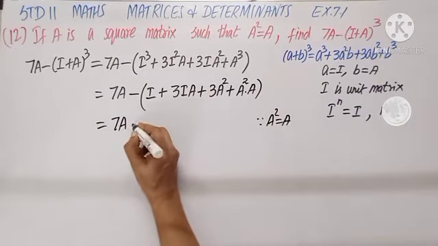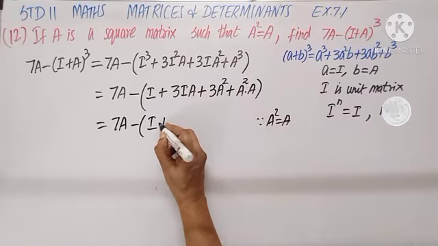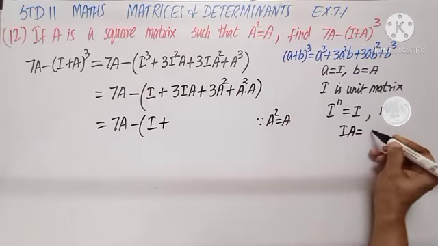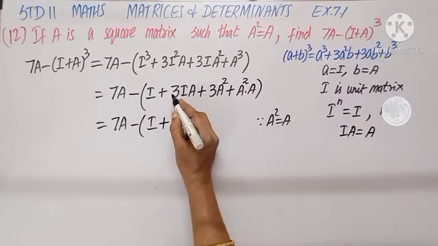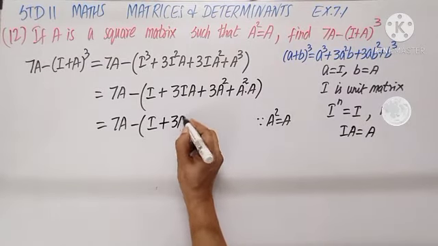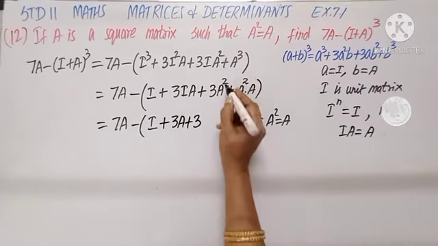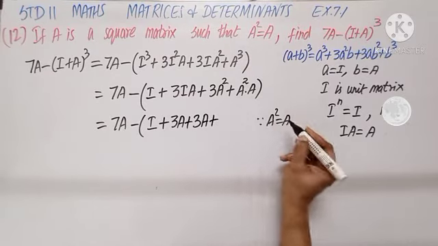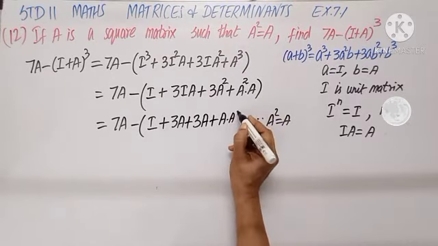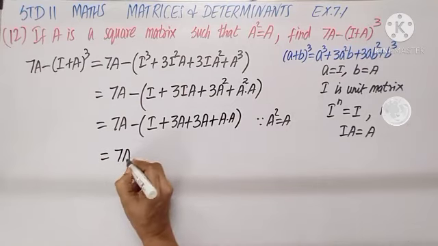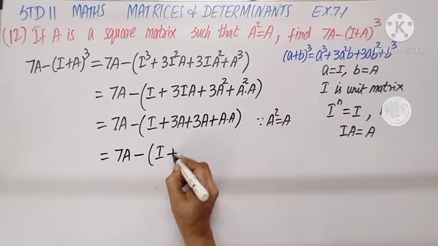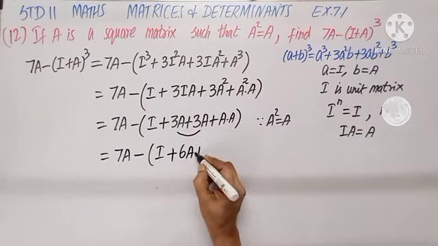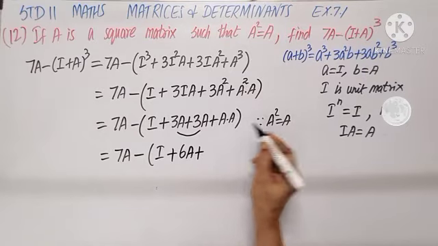Substituting 7A minus I plus I into A. So remember, I into A is A only. So 3 into I into A is simply 3A. 3 into, in the place of A square, I have to put A. The next step: 7A minus I plus 3A plus 3A, I can combine and write 6A, plus A into A is A square.